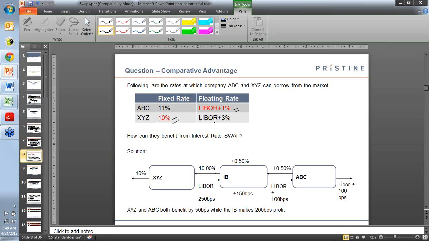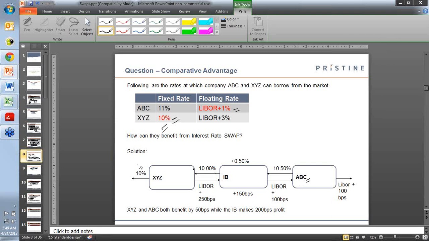Well, in this case it's pretty straightforward. We'll do the same thing we did the last time. XYZ would take a loan at 10% fixed rate. Similarly, ABC will take a loan at LIBOR plus 1%.